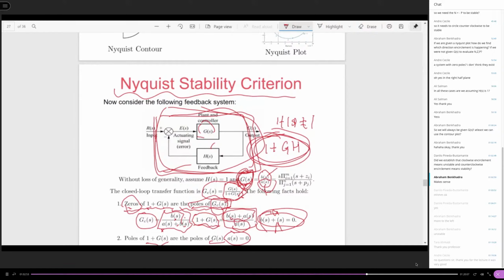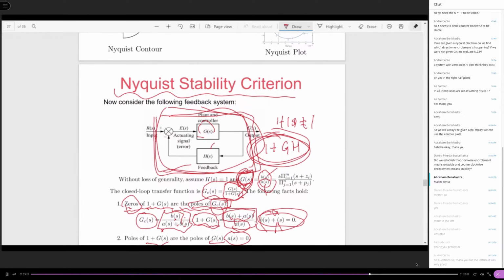Do we establish that a clockwise encirclement means unstable, and counterclockwise encirclement means stability? Well, Danilo, it's based on the condition, right? All I can say is that if you see the counterclockwise encirclement happen, then stability is possible, but not necessarily.